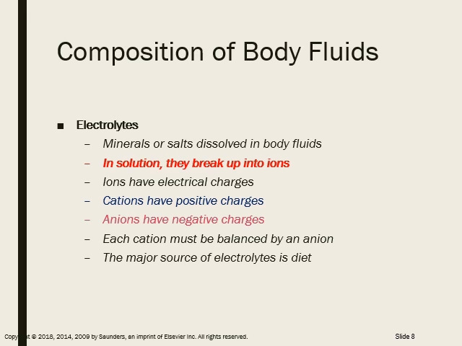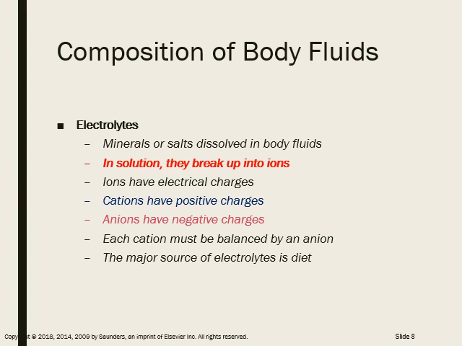Remember that I said earlier that the two largest constituents of the body fluids are water and electrolytes. So let's move forward with discussing electrolytes. Electrolytes are minerals or salts that are dissolved in the body fluid. They are measured in milliequivalents per liter.